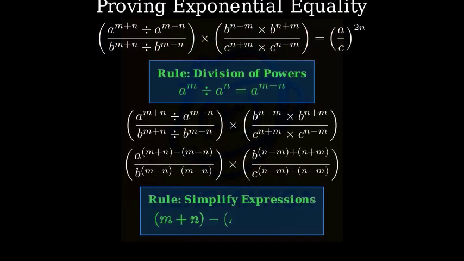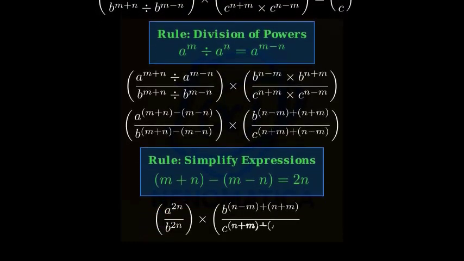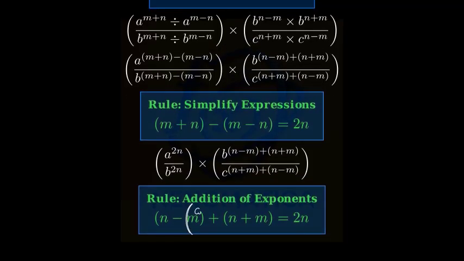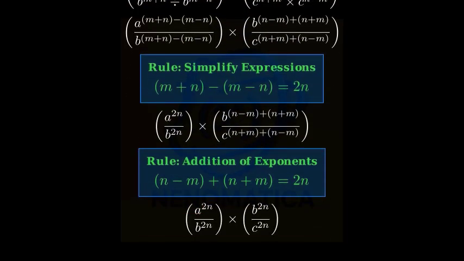Next, let's simplify the expressions in the exponents. In the first fraction, m plus n minus the quantity m minus n equals m plus n minus m plus n, which gives us 2n. Similarly for the denominator of the first fraction. For the second fraction, let's combine the exponents in the numerator. We have b to the power of n minus m plus n plus m.